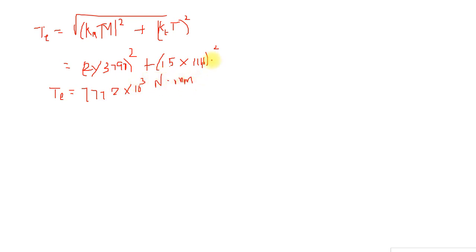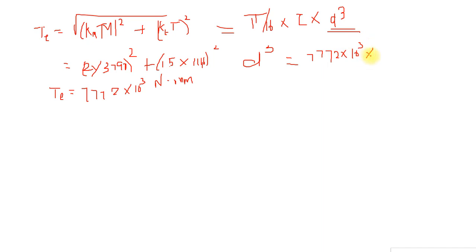We already know the other formula, which is pi by 16 into tau into d cube. We need to find this particular d, so I can write directly: d cube is equal to 772 into 10 to the power 3 into 16 divided by pi into the tau value given as 42.